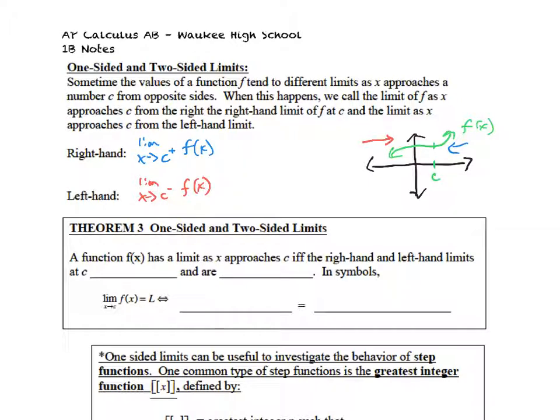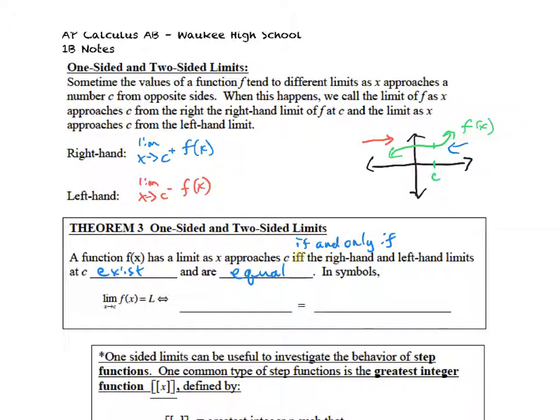So I'm sure you probably know what this means for the existence of a limit. We said if a limit exists, it has to be unique, it can't go to two different numbers. So we're going to reiterate that here with theorem number 3. A function has a limit as x approaches c if and only if, and that is a big thing to think about, that little iff there is not a typo, it means if and only if the right and left-hand limits at c exist and are equal.